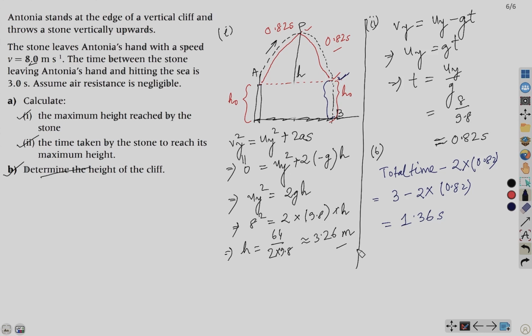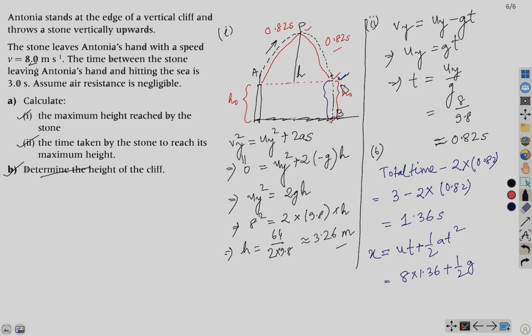Now we know the time, and we also know the velocity at this point, which is given as 8 meter per second. So we know velocity, we know time, therefore we will apply this formula, ut plus half at square. We know our u is 8, our t is 1.36, plus half.